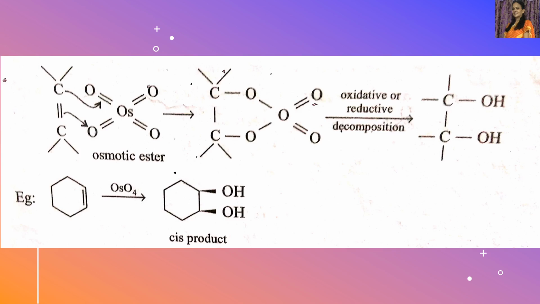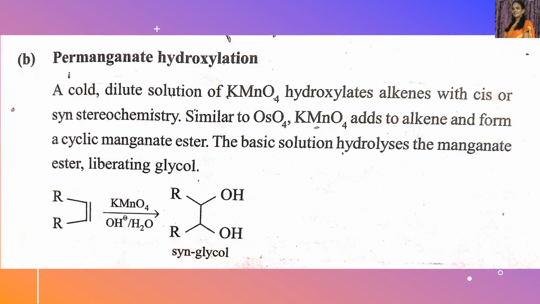It undergoes syn hydroxylation with osmium tetroxide to form a syn or cis product. Okay. So this is cis addition of alkenes. One example we have given is reaction with either potassium permanganate or osmium tetroxide. Both will give cis products.